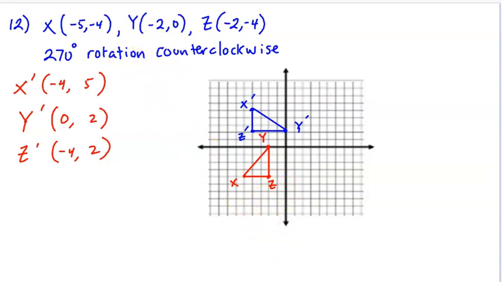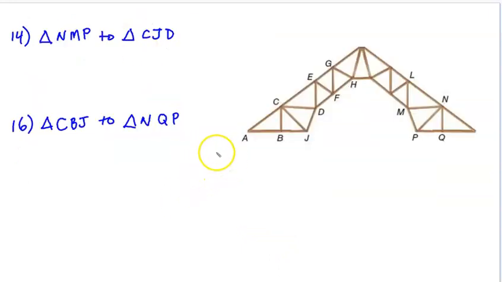I've got a couple more, and then this has to do with that figure down at the bottom. We're supposed to identify the type of rigid transformation performed. For example, to get from NMP, let me just highlight that, to get from NMP to CJD.